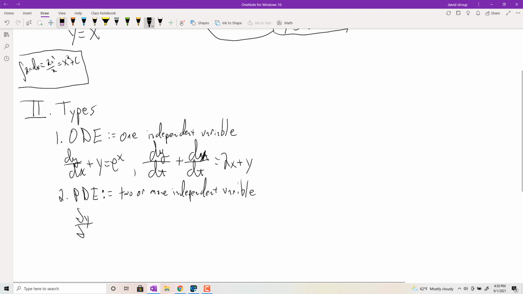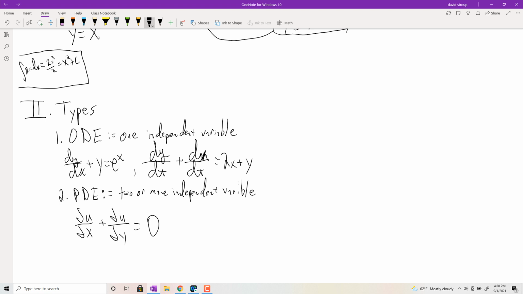Let me use a different function, not y. Let me use u just to be consistent with the book. So the partial derivative of u with respect to x plus the partial derivative of u with respect to y equals 0. So partial derivatives you would have seen in Calc 3 if you took it.